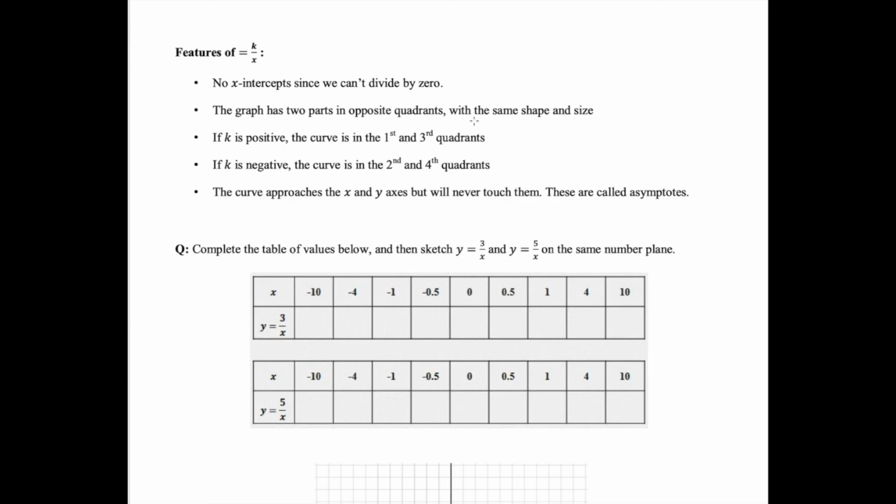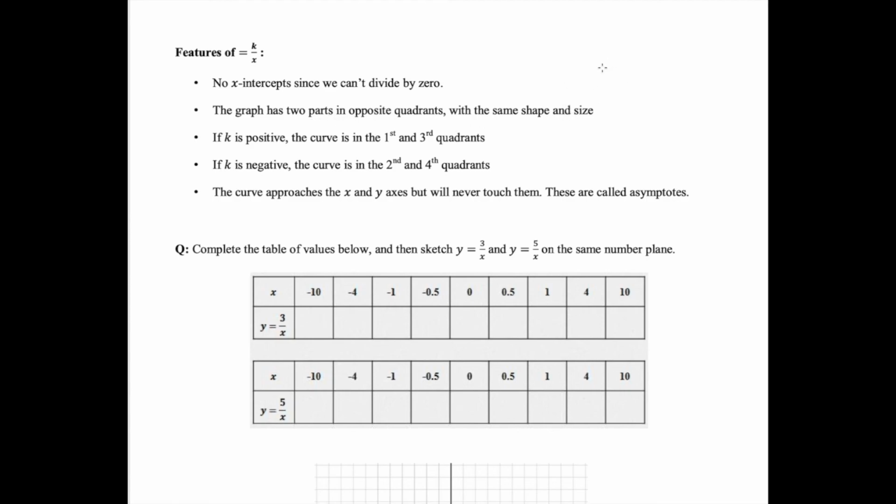Now, here I'm just going to summarize what the features of hyperbolas are, okay? So when you have a function of the form y = k over x, you need to know that there are no x-intercepts because we cannot divide by 0. So that means x cannot be 0. The graph has 2 parts in opposite quadrants with the same shape and size.